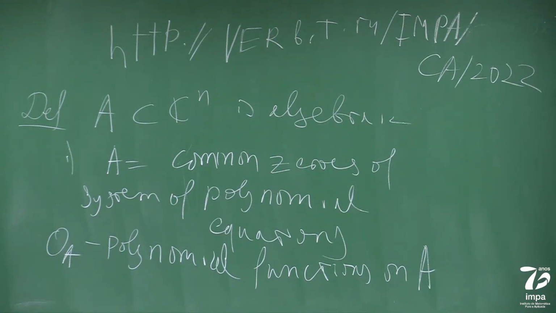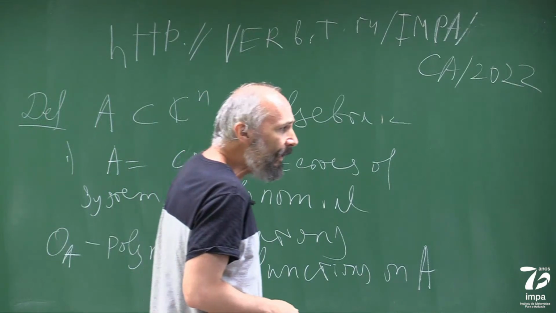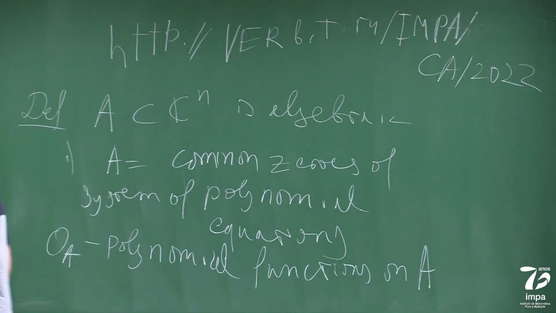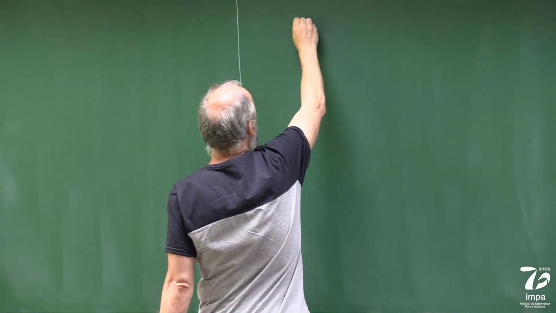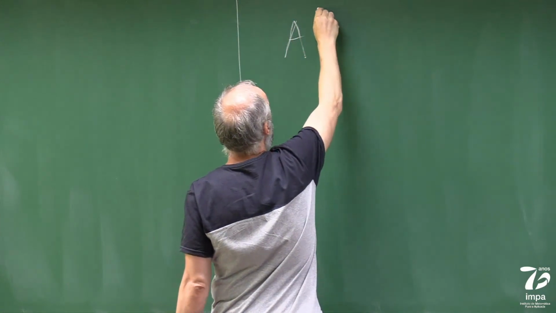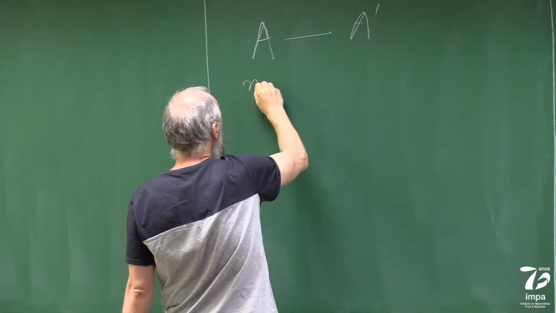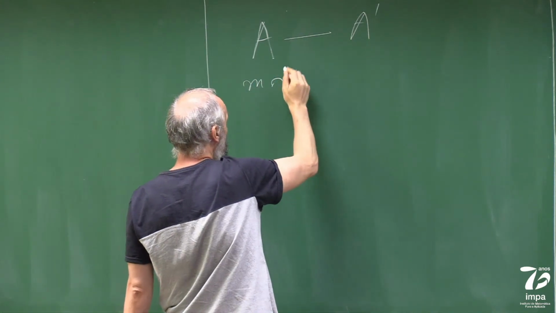Next time I will say a couple of words about categories. Today I'm not going to do that because this is like an introductory talk. But we're interested in maps from algebraic sets to algebraic sets, A to A prime: a morphism, or algebraic map.